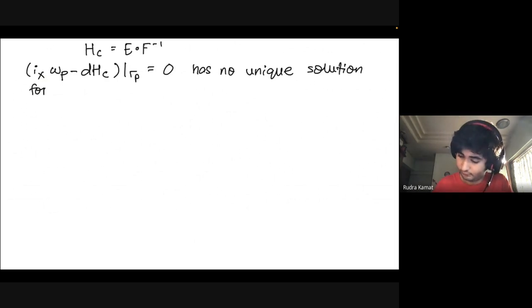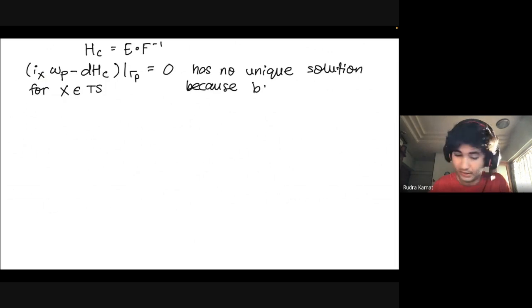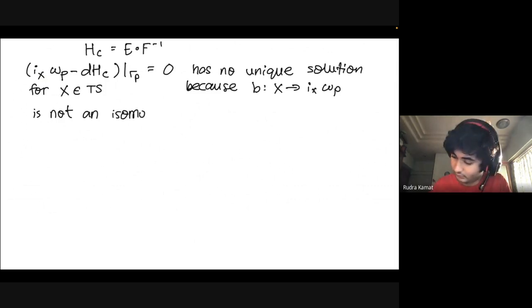But this, unfortunately, unlike with the regular non-singular cases, has no unique solution for x belonging to the tangent space, because B, as I described before, taking x to the interior product with omega sub p, is not an isomorphism. Why is it not an isomorphism? Because two different elements get mapped to one thing, because of the kernel's non-triviality.